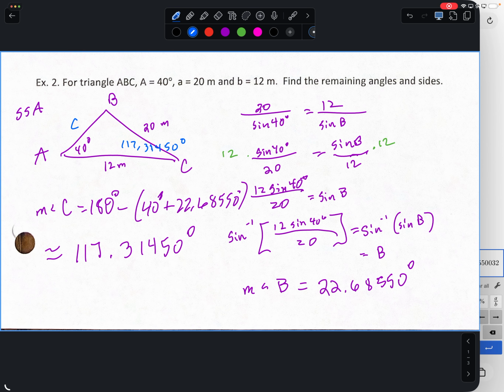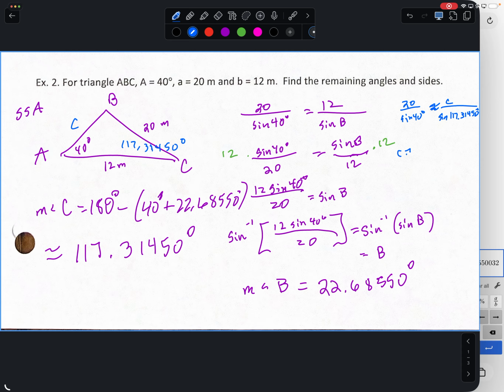So I'm going to set up that 20 is to the sine of 40 degrees, as little c is to the sine of 117.31450. And again, that's now going to be approximated.